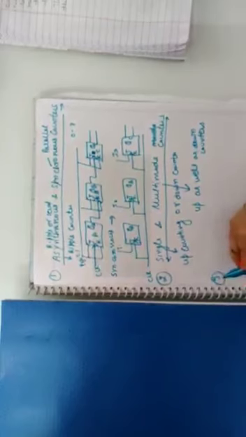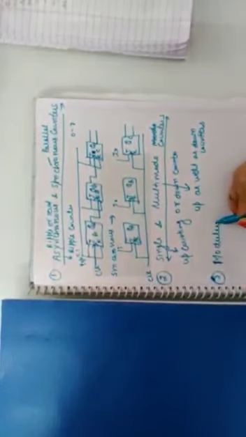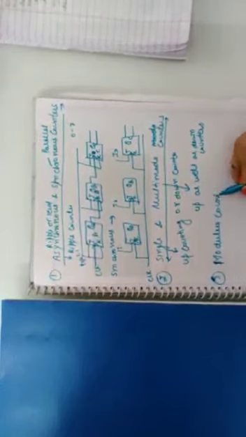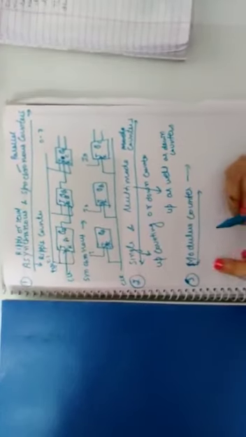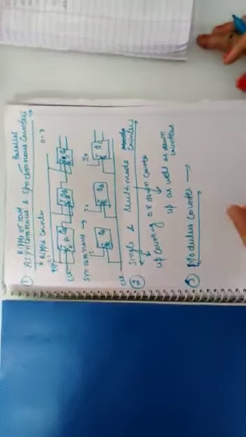Now the third is the modulus counter. Modulus counter shows the number of states that the counter can count.